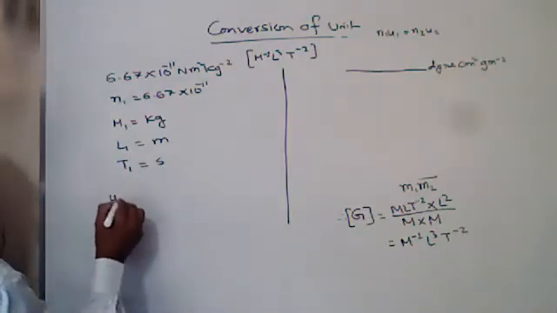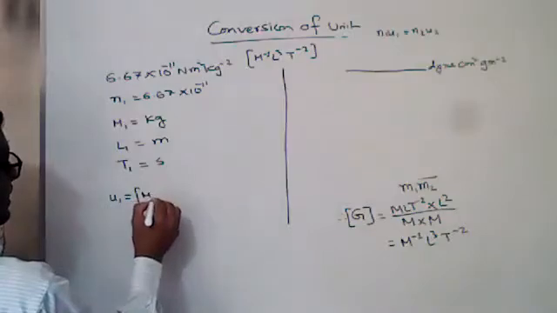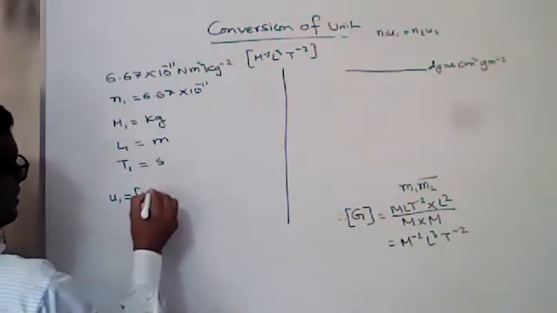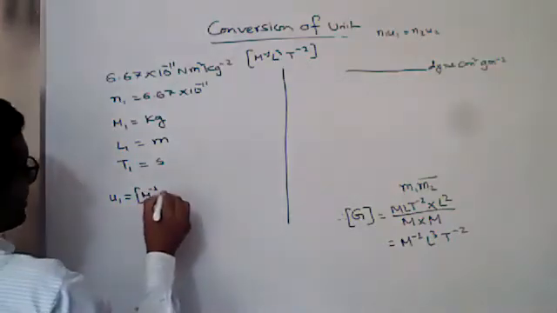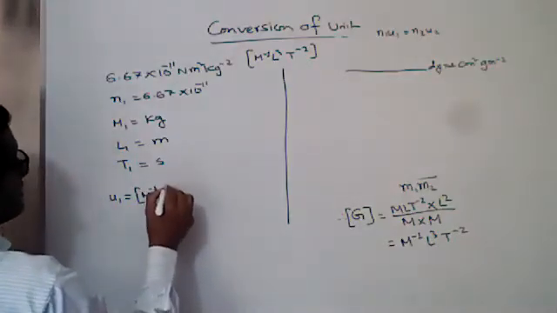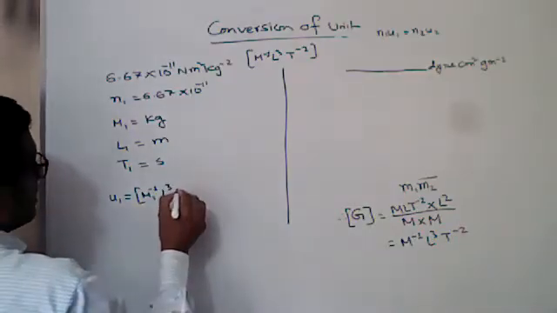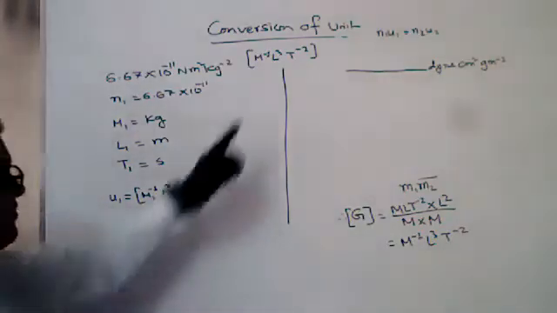Now, U1 equals M1 inverse 1 L1 cube T1 inverse 2 from this.